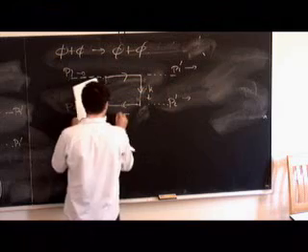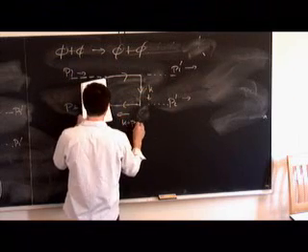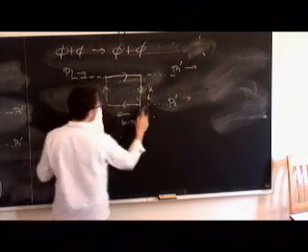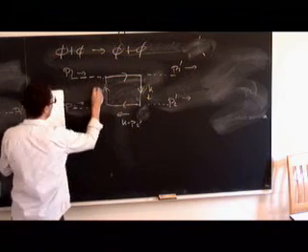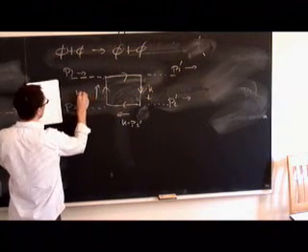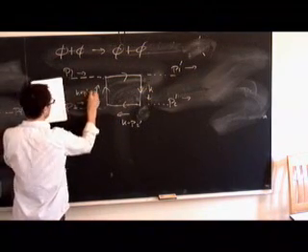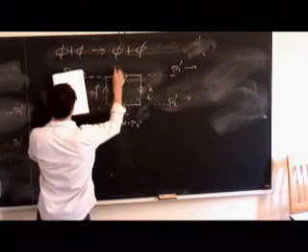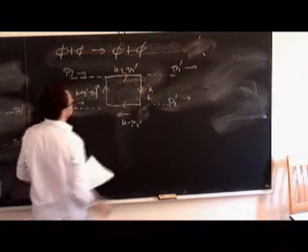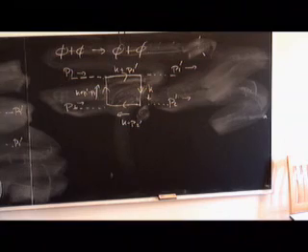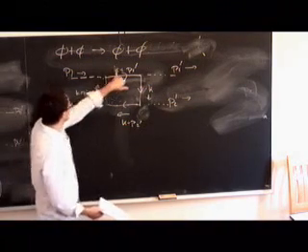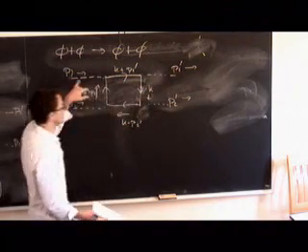So in particular here, we've got a K minus P2 prime, because P2 prime went out that way. Here we've got a K plus p1 prime minus p1. And here we've got a k plus p1 prime. Okay. And the reasons these are the same are because the sum of all the momenta is equal to 0.